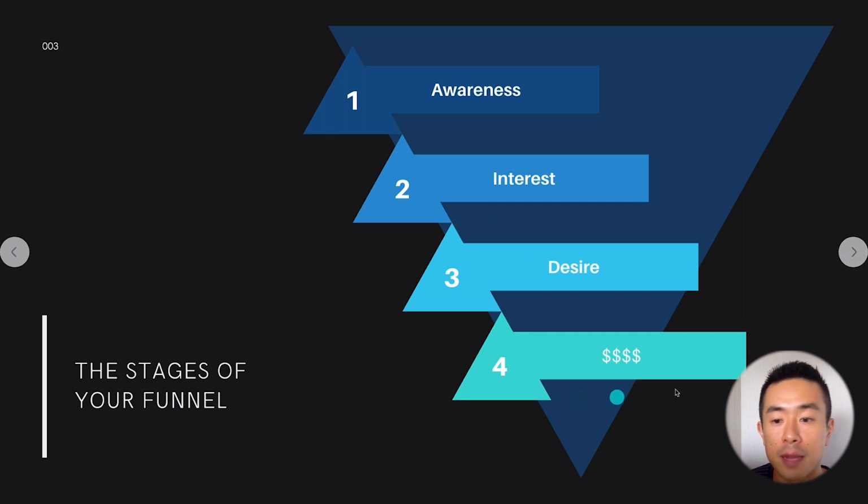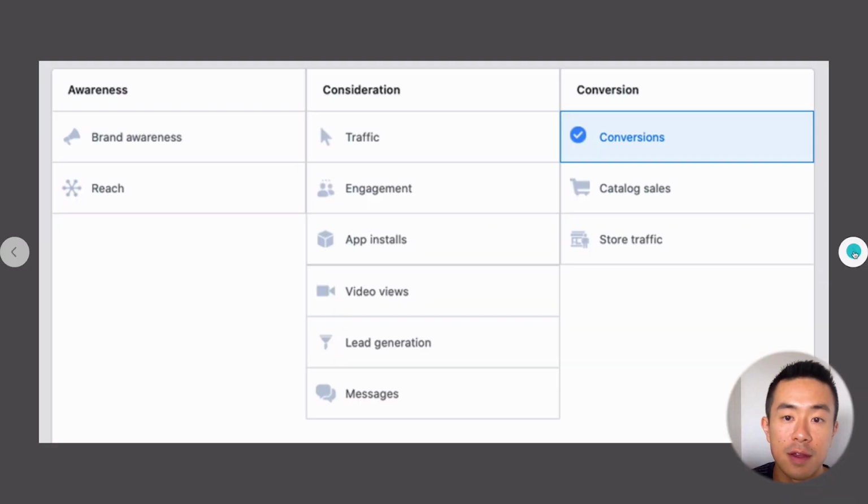Now, what campaign objectives do we use within steps 2 to 4? We use the conversions objective. And what is a conversion? A conversion is basically an action that people take within your website. Now, within conversions, there are many different conversion levels or objectives that you can choose from.